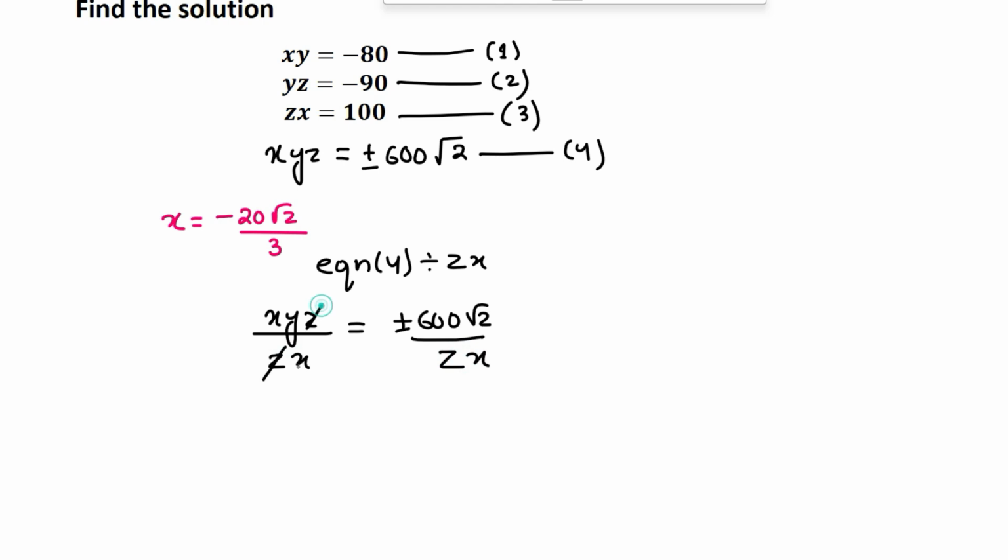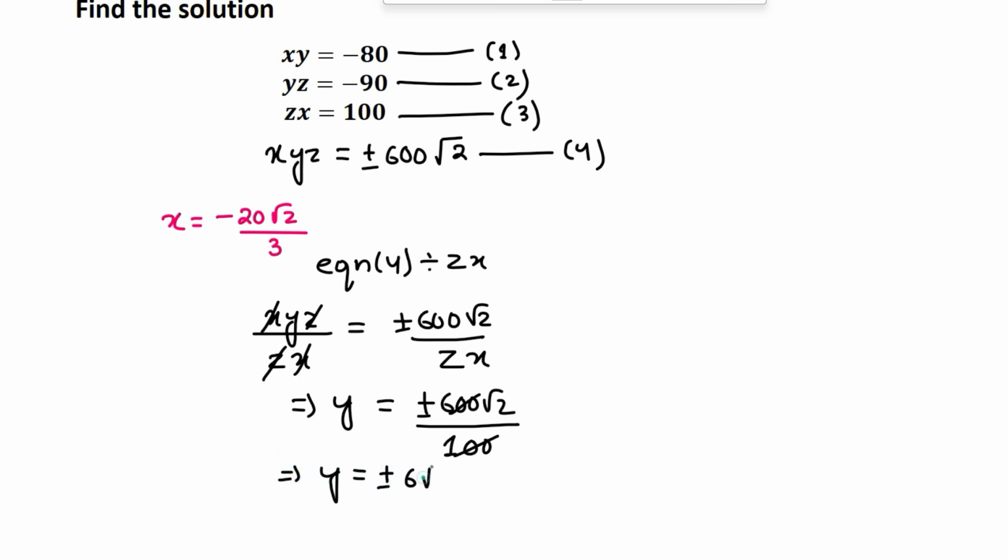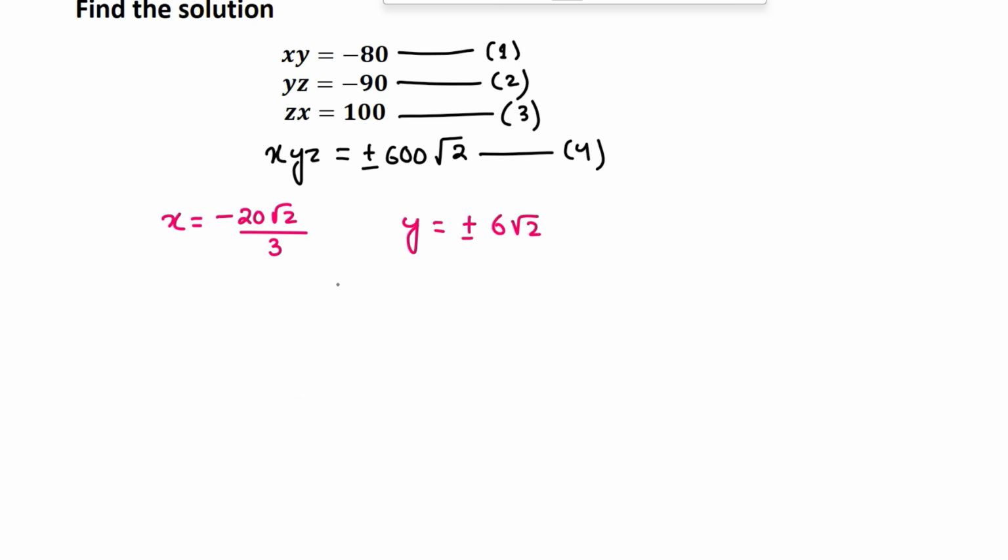The z gets cancelled, x and x get cancelled, and we are left with y equals plus or minus 600 root 2 divided by zx. From equation 3 we have zx equals 100. Let's substitute 100 here. The two zeros cancel each other, so we get y equals plus or minus 6 root 2. Now let's find the value of z.